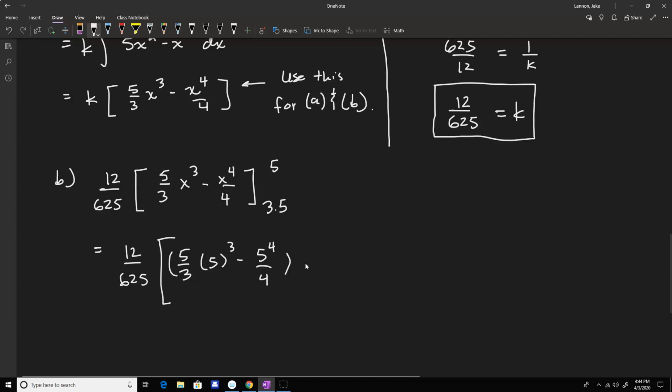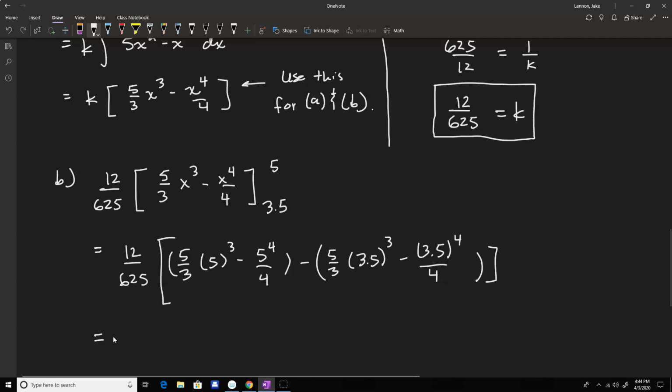And then we want to subtract 5/3 times 3.5 to the 3rd minus 3.5 to the 4th over 4. And this number, whatever it comes out to be, is going to be our answer to B.